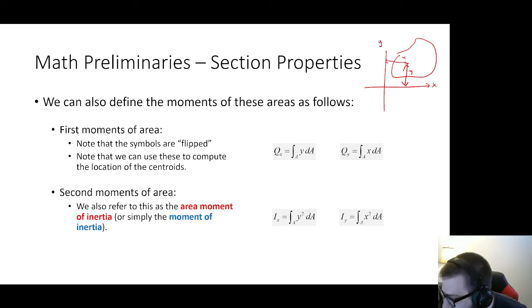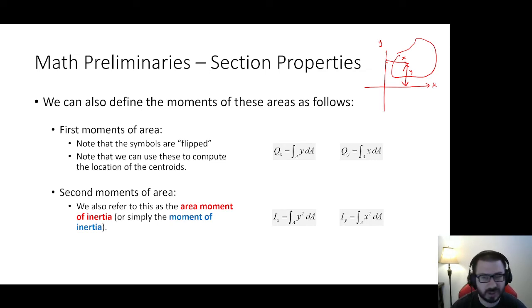So that's why the symbols are flipped, and that's not a typo. That's accurate there. So the first moment of area, textbooks tend to use the letter Q to represent that, but the second moment of area, we tend to use the letter I because second moments of area have a very special name. We call those the moments of inertia.